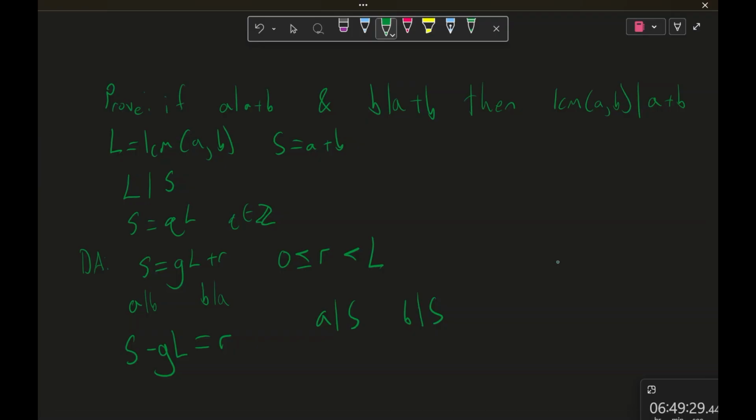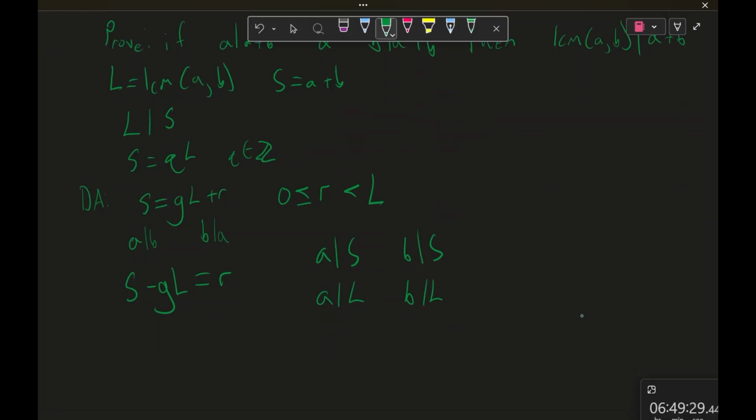And also, it is true that A divides L, the least common multiple of A and B, because by definition A is a divisor of the least common multiple of A and B. So A divides L, and B divides L. Thus, we'll rewrite these.